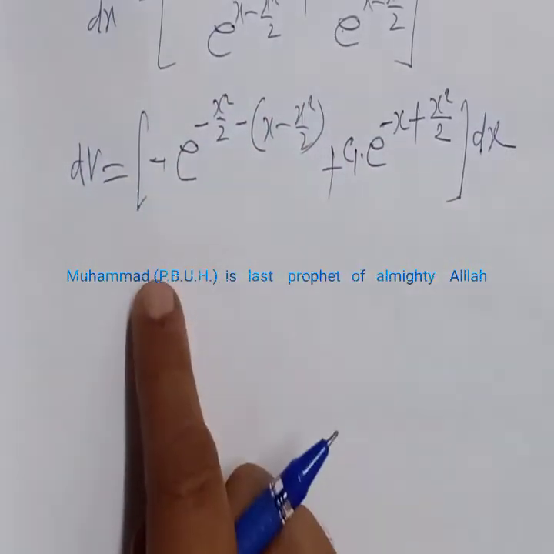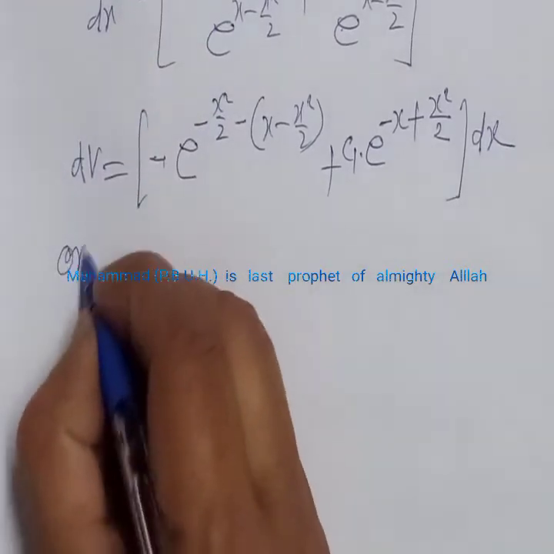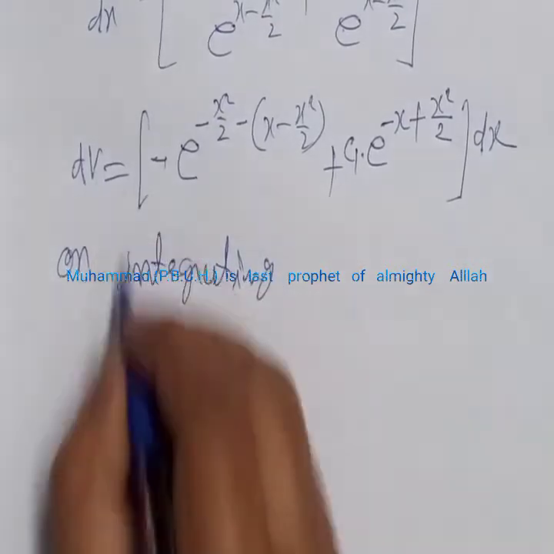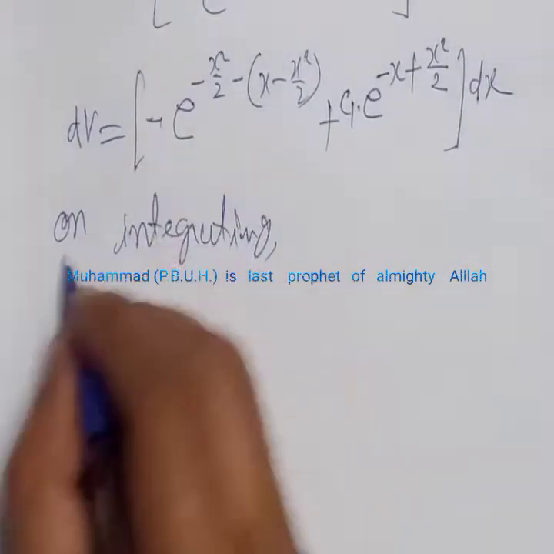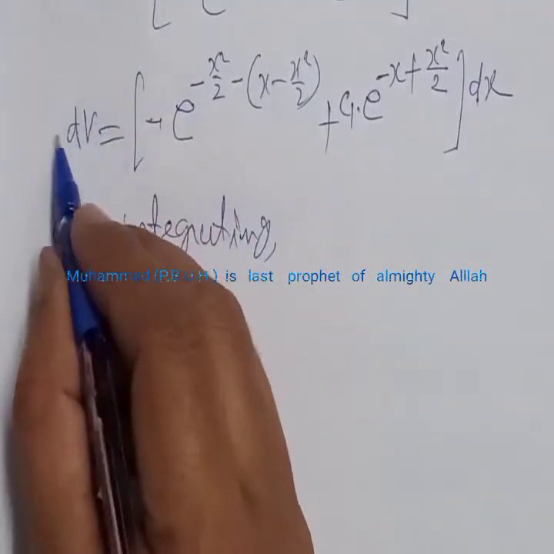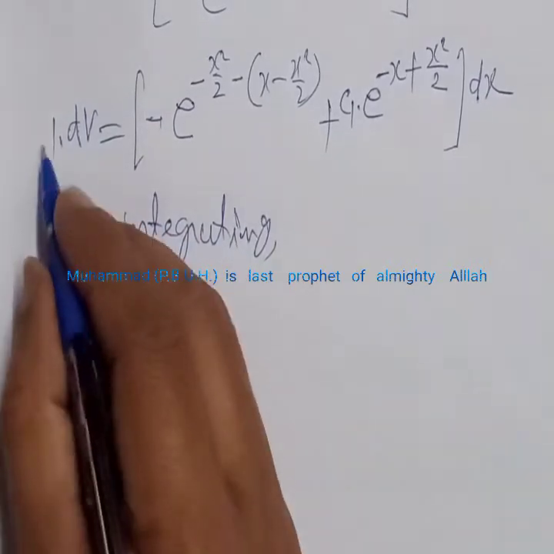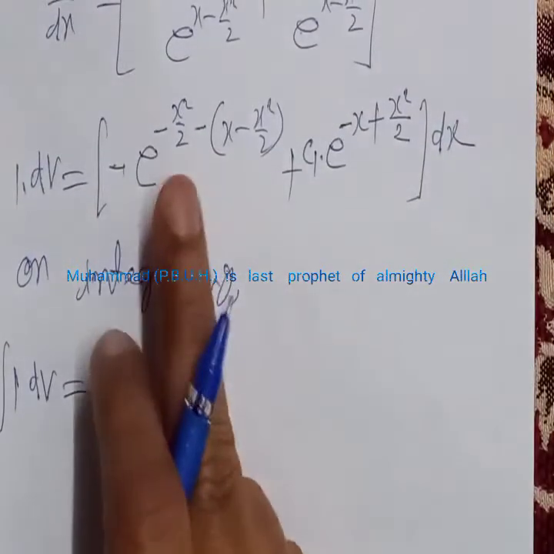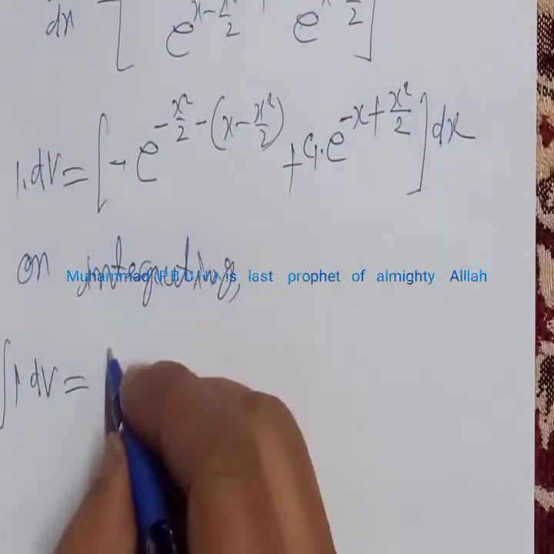So we can find the value of v on integration. On integration we get the integration of 1, which we can write here with respect to v, and we should integrate these terms.